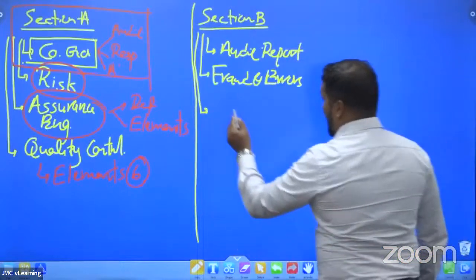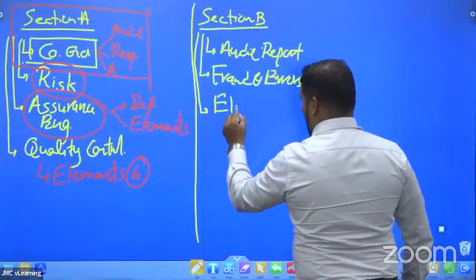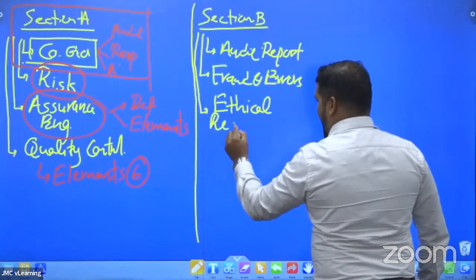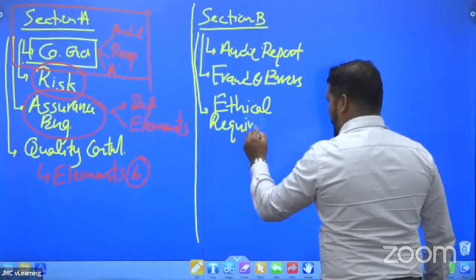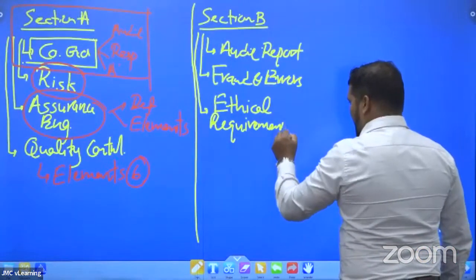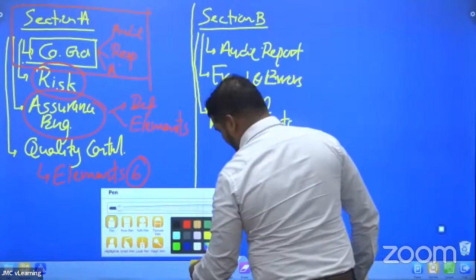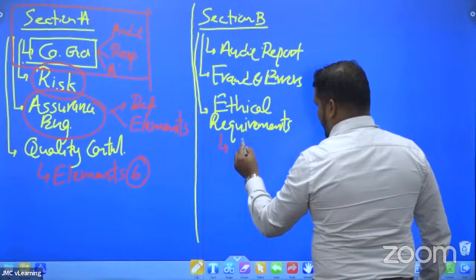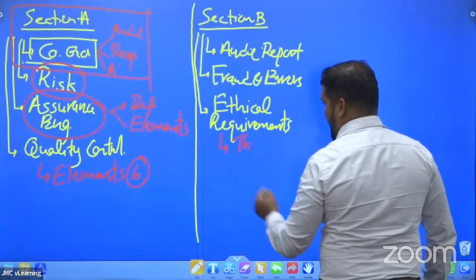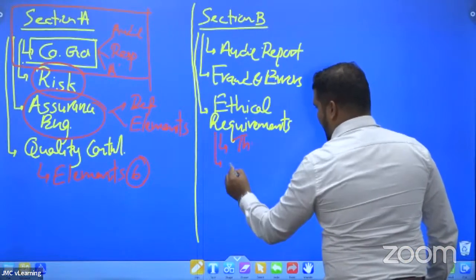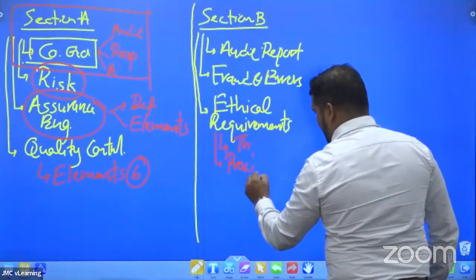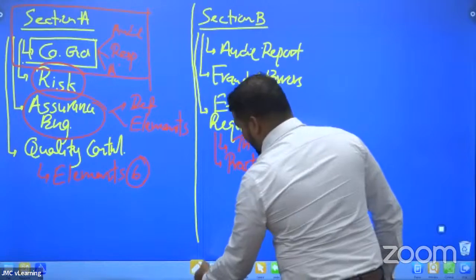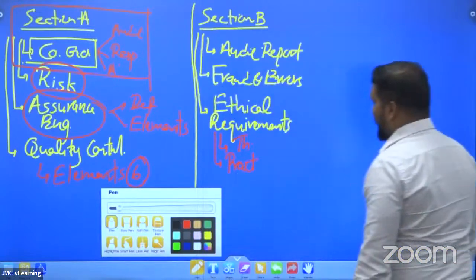After that, ethical requirements, specifically threats, then the practical aspects which we have discussed in the class. Those are the most probable areas for section B.